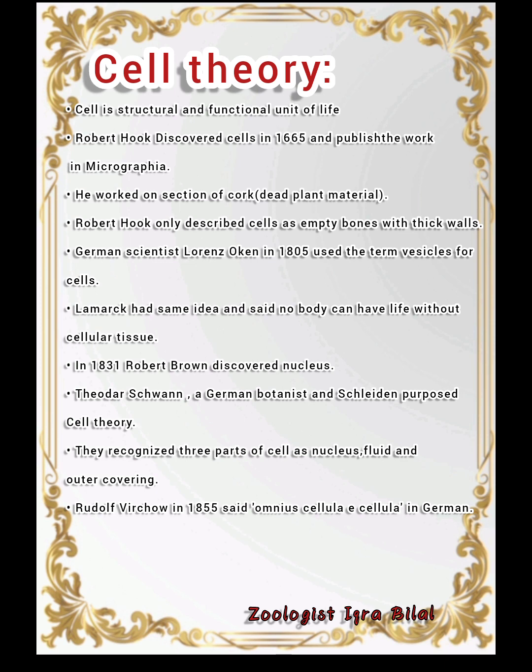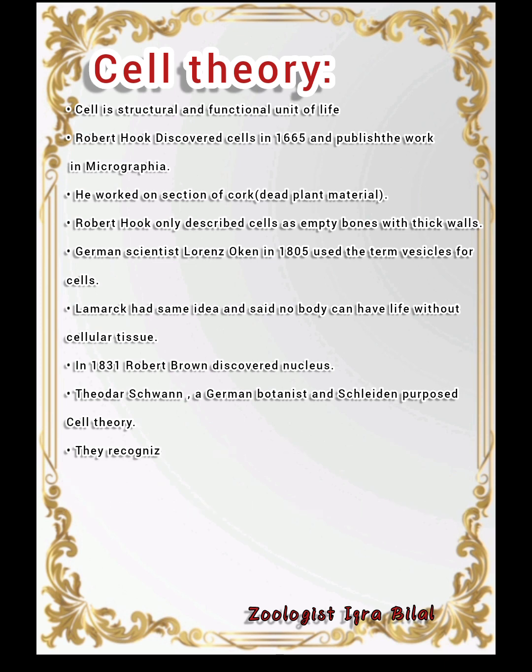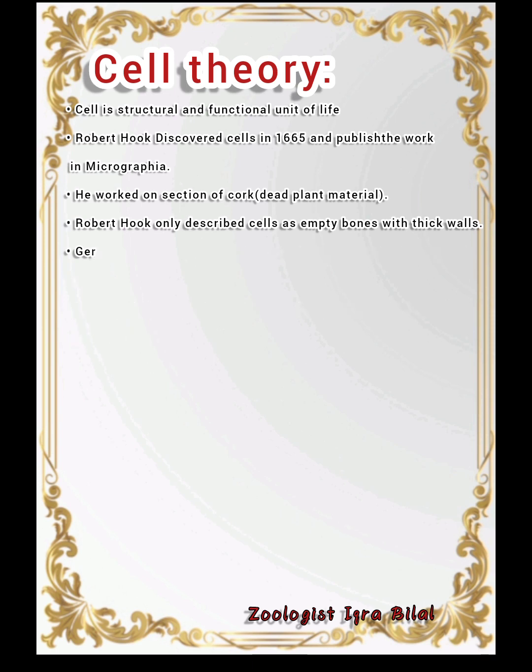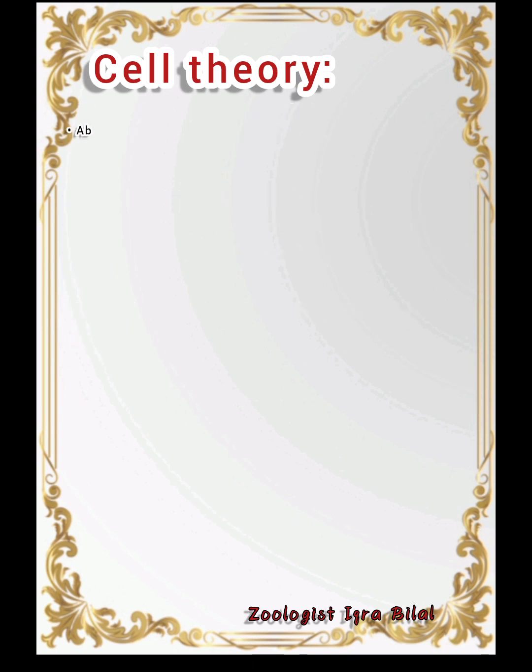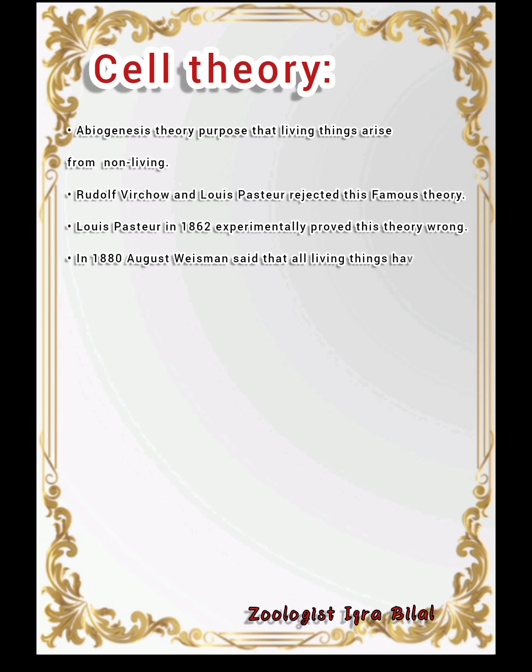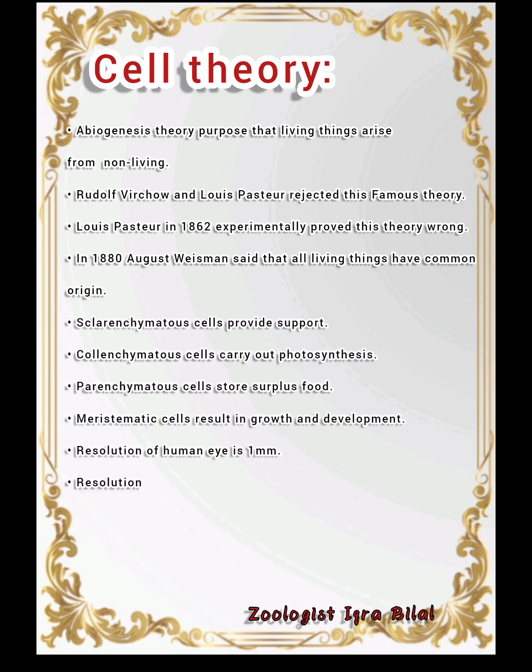Rudolf Virchow in 1855 said omnis cellula e cellula, in Latin, meaning new cells originate from parent cells or already existing cells. Abiogenesis was a theory proposing that living things arise from non-living things. So the theory omnis cellula e cellula caused a stir in the minds of scientists.